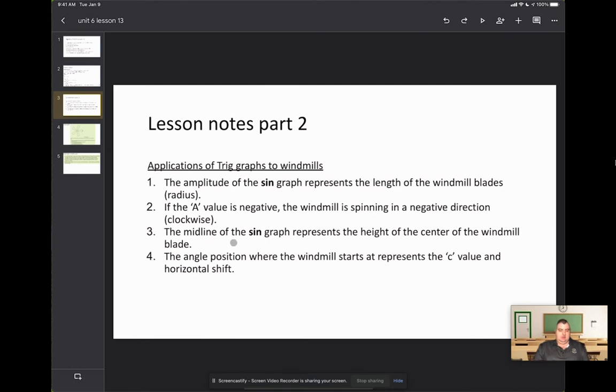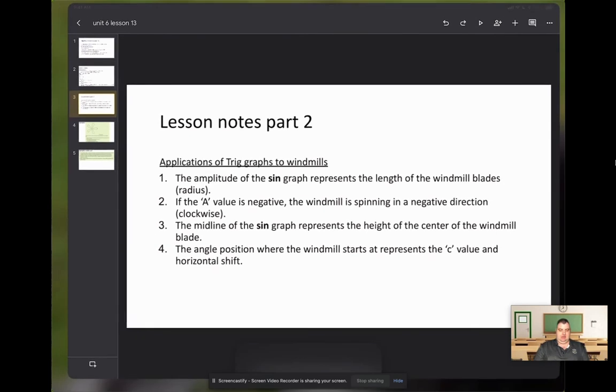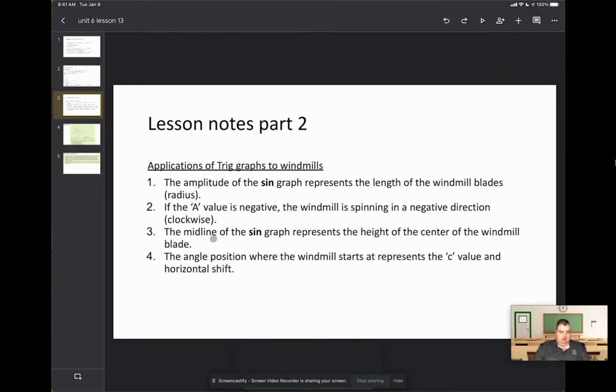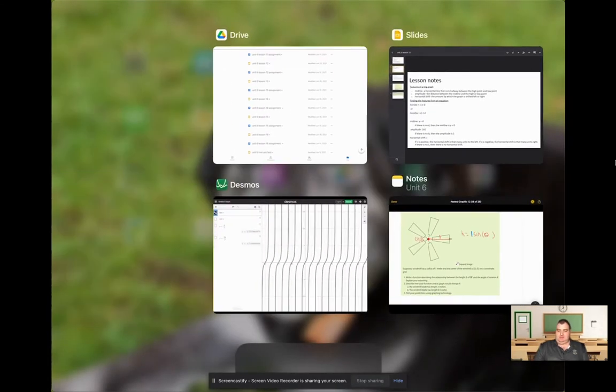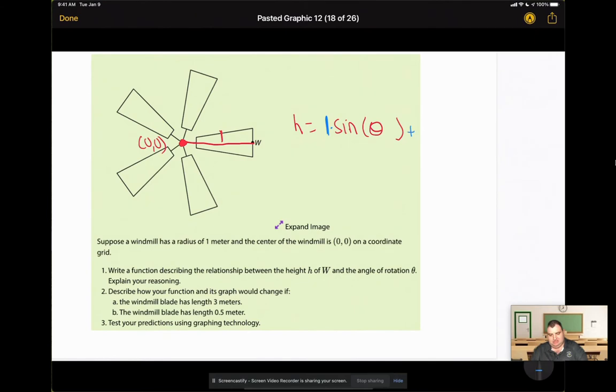So the height of the center represents the midline of the sine graph. The midline is going to be at 0, and remember, that's going to be the D value. So I'm going to put a plus 0 over here.